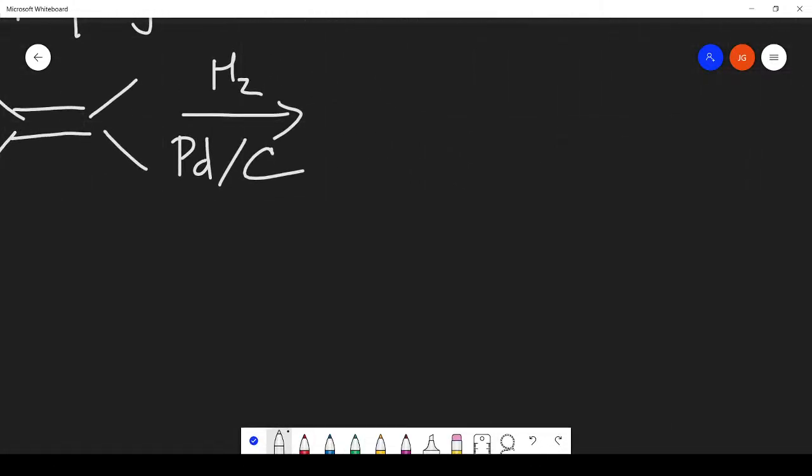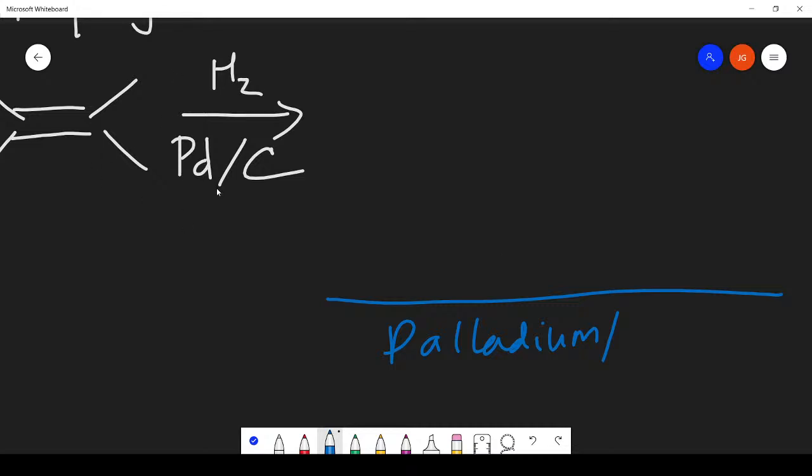So the way this is going to work is you're going to have, I don't know, let's make this blue. You're going to have a platinum metal surface, right? This is platinum. Palladium. I don't know my structures. Although I think platinum would work too. I just have Pd here, so just for consistency, I'm going to use palladium. I don't have my periodic table in front of me, but I'm 99% sure that's palladium.